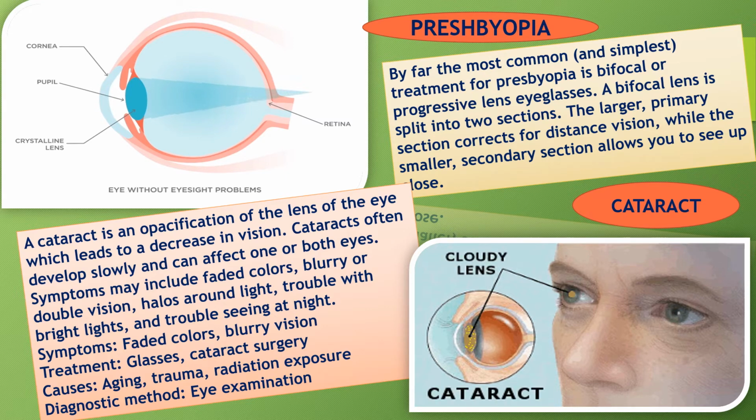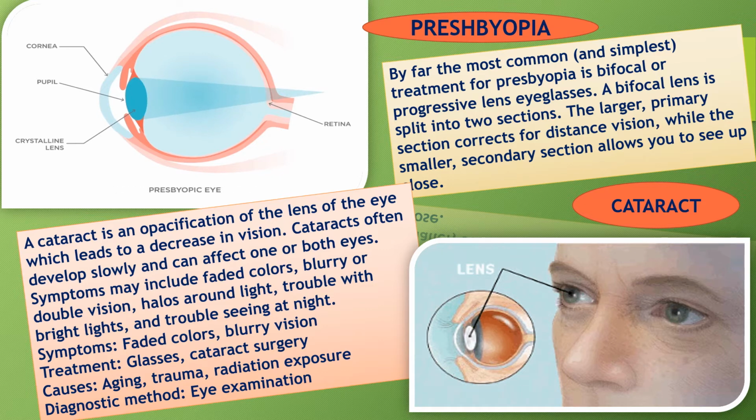This is presbyopia. Cornea is there, pupil is there, and the crystalline lens is also there. First, the eye without any disease is shown, and the next one is the presbyopia disease of the eye.